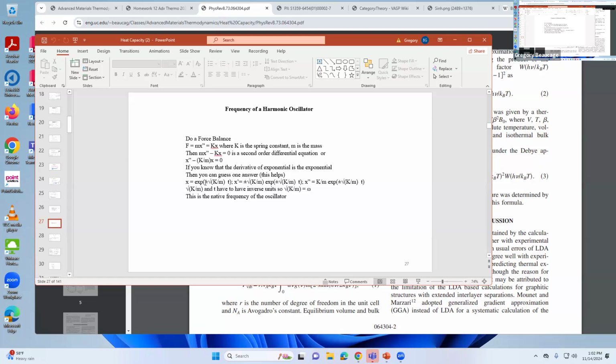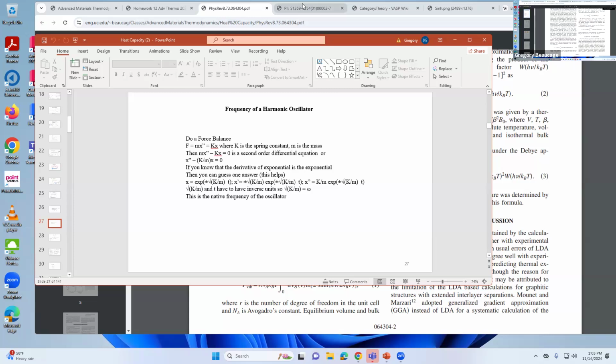You plug in a sine function, the frequency times time, and then you solve it, and you find out that the frequency is the square root of the spring constant divided by mass. If it's a bulk material, the spring constant is related to the bulk modulus. The square root of the Debye frequency would give you the modulus. That's the idea, and that's called a harmonic approximation.